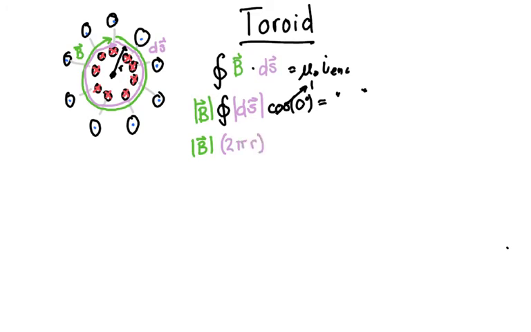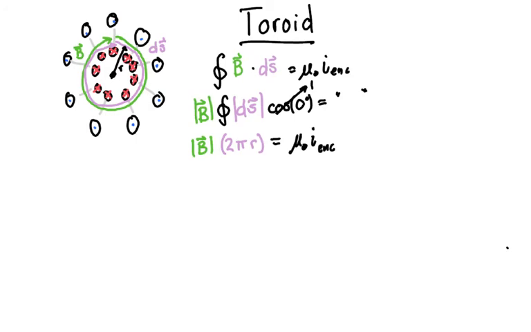Now the radius is the distance from the center of my toroid to my path element. That's also going to be the same point in which I'm measuring the strength of the magnetic field. And that again is still equal to the permeability of free space times the current enclosed. And that enclosed piece is going to come into play here in a second.